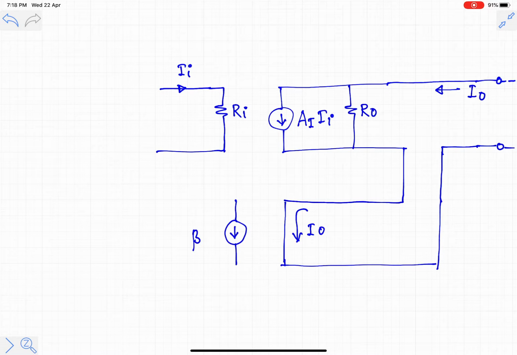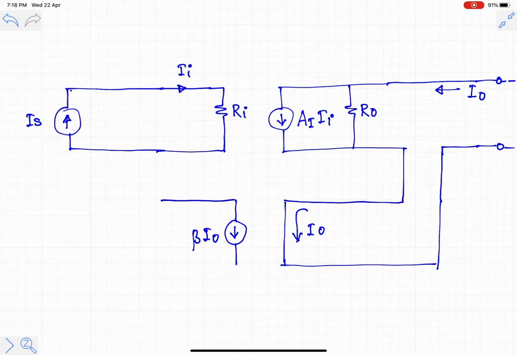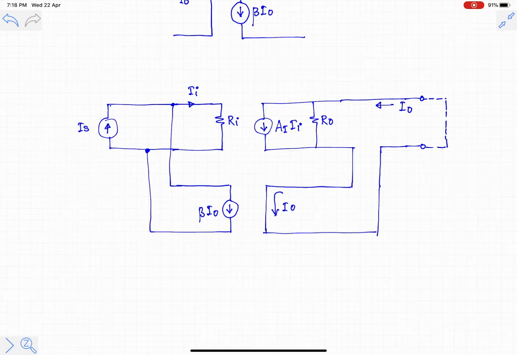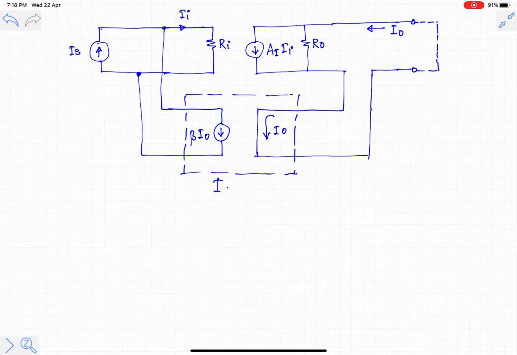So this is beta into Io. Its output impedance is infinite in ideal case, and in order to subtract current, it should be placed in parallel with the input side of the feed forward amplifier. So this is our feed forward amplifier. This is connected here and this is the connection. So we get this kind of a network. So this is the ideal feedback network.